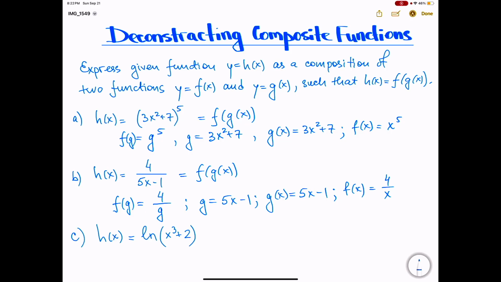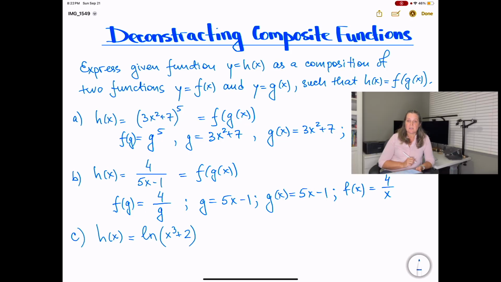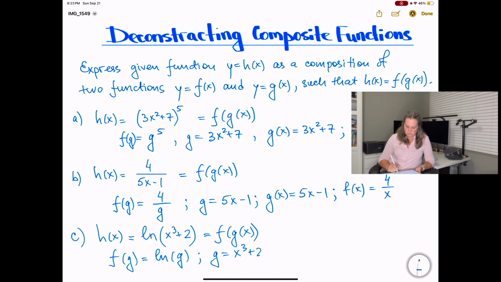One more example. Let's consider function h of x equals natural logarithm of x cubed plus 2. Let's write this function as a composition function f of g of x. Function f of g calculates output by calculating natural logarithm of input g. Our input g, however, is replacing the expression x cubed plus 2.